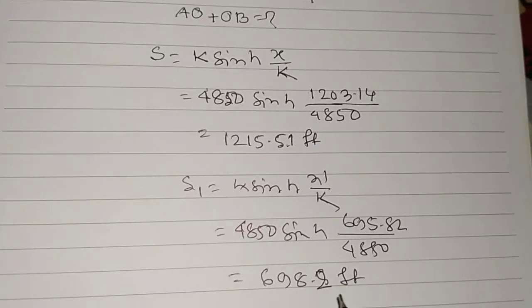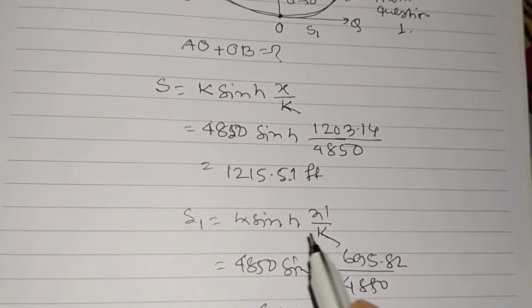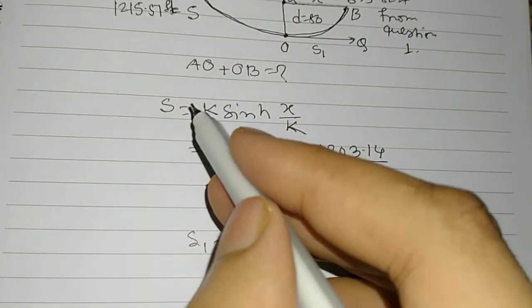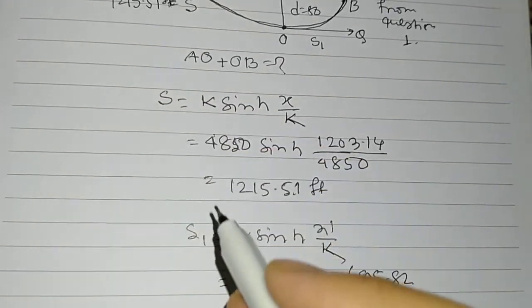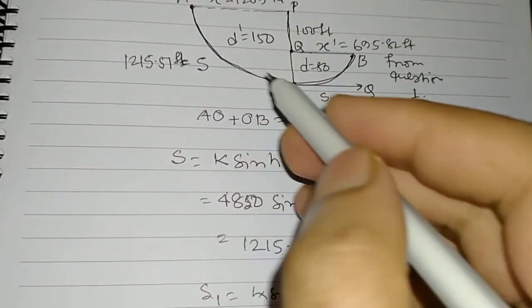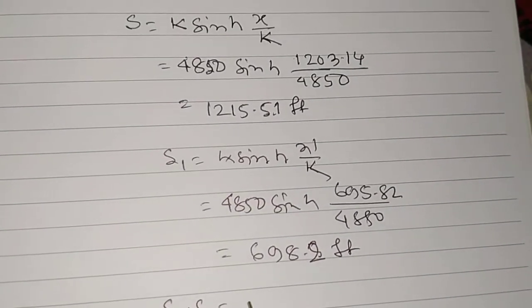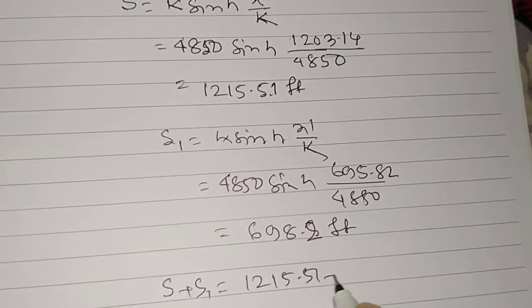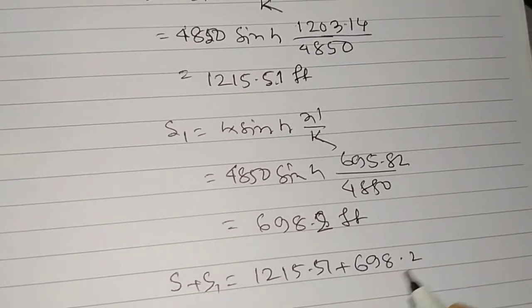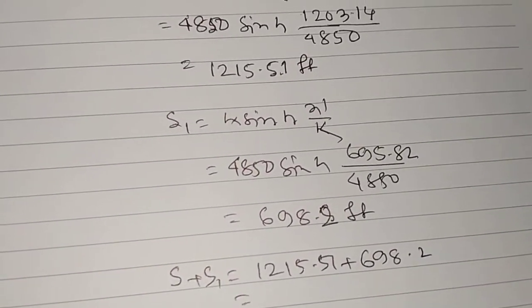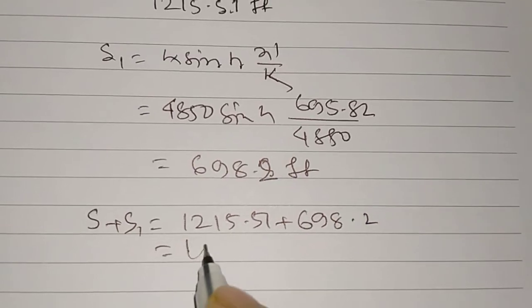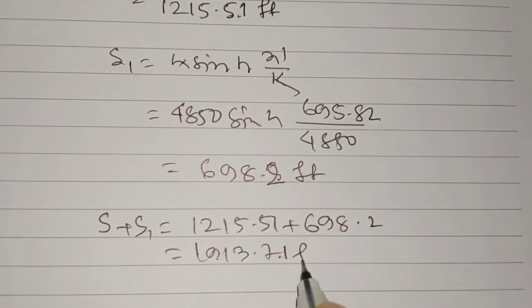So guys, we have got the value of S1, and now we can add S and S1 to get the whole length of the cable. So we add S and S1 to get the whole length of the cable, and it is 1913.71 feet.